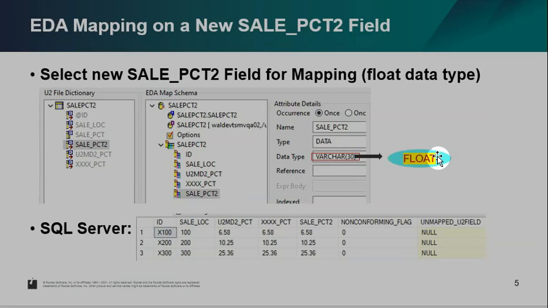After I change the data type to float and convert it, if you look at the SQL Server side output, you get a completely correct result on sales_PCT2. This is the original data, and using this way, you get the completely correct result on the SQL Server side.